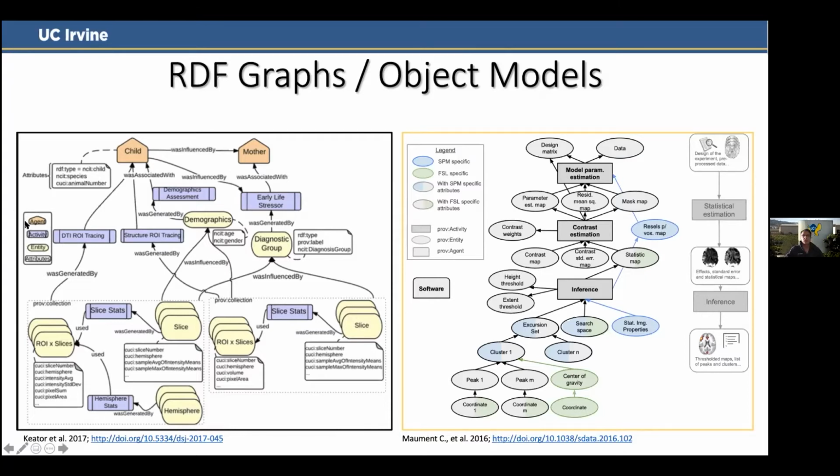But essentially, it was a model for describing provenance. And we determined that one could use these core building blocks, an agent, an activity, an entity, and some named edges. That's where you see these 'was generated by' on the graph on the left and 'was influenced by'. So we could use this basic provenance model to describe really any data set. And we'll see some examples of that later.